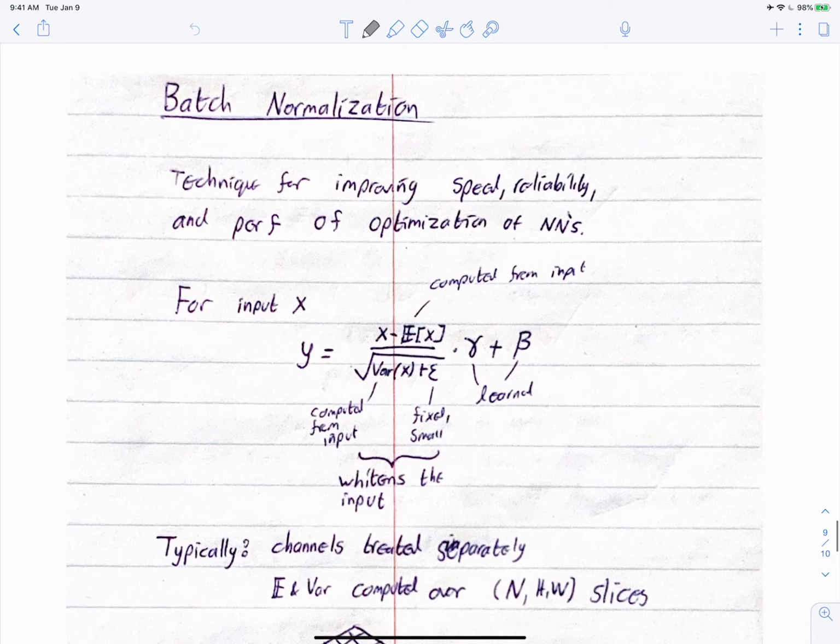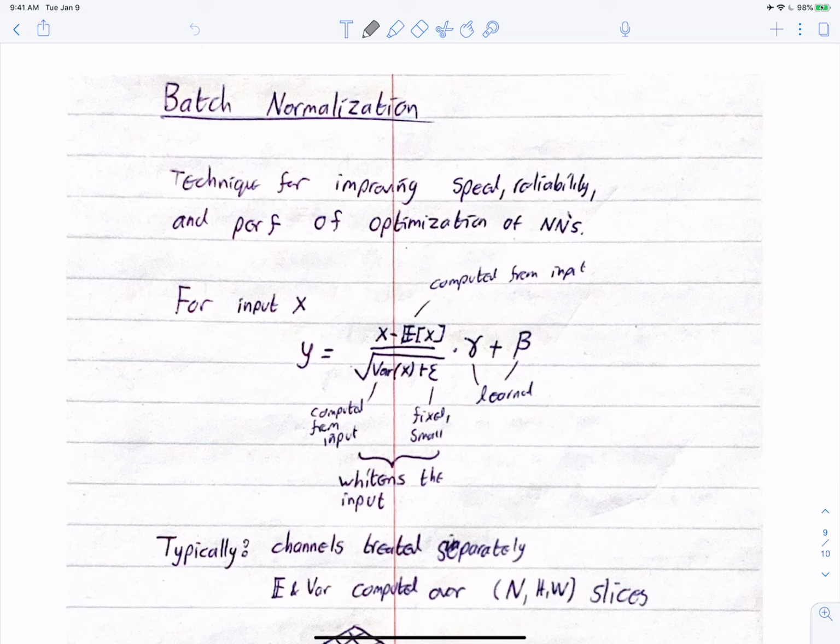All right, so another very important nonlinear component of neural networks is batch normalization. We should think of batch normalization as a technique for improving the speed, reliability, and performance of the optimization of neural networks. Roughly speaking, what batch norm is going to do is take some input and give some output.